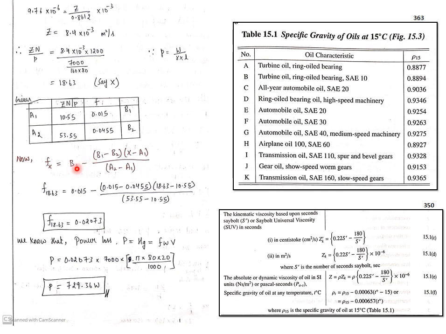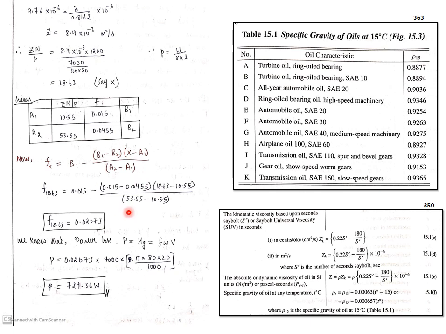Here b1 is this one, b2 is this, a1 is this, and a2 is this one. You substitute these values, and x is this one. If you substitute, we get f at 18.63 as 0.02073.